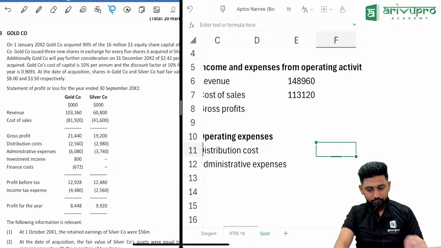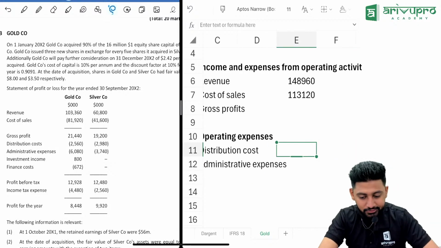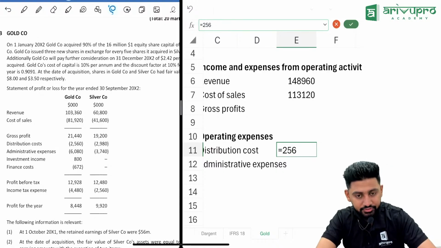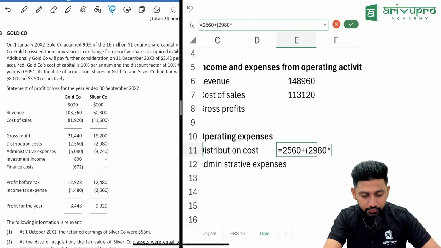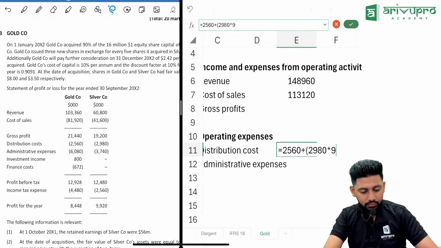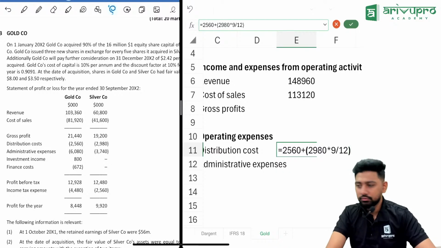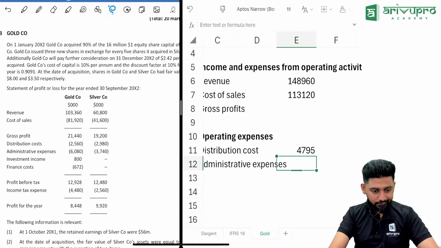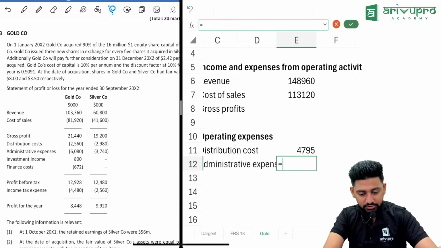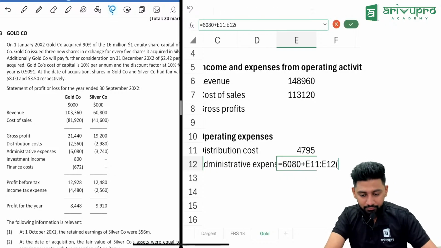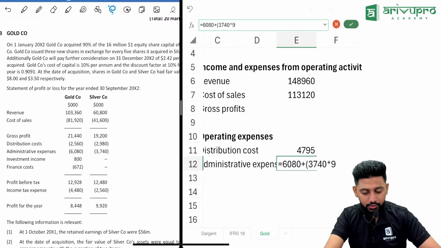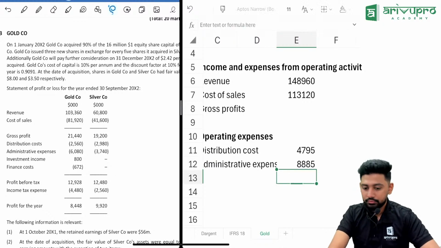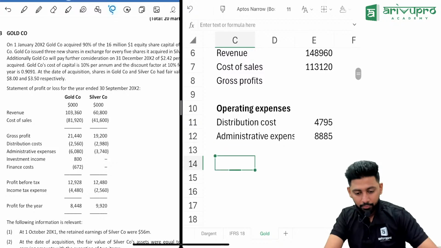So my distribution expenses equals 2,560 plus open brackets 2,980 into 9/12. And admin equals 6,080 plus open brackets 3,740 into 9/12. Correct. My operating expenses are done.